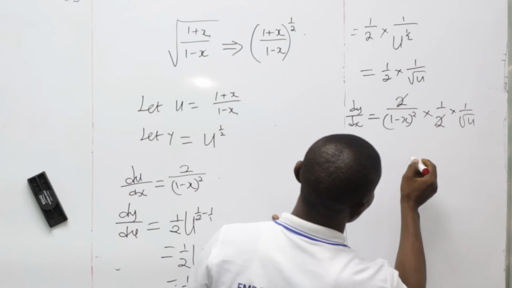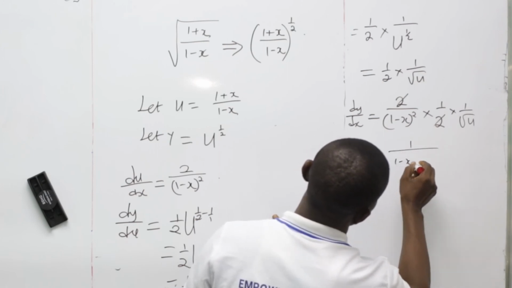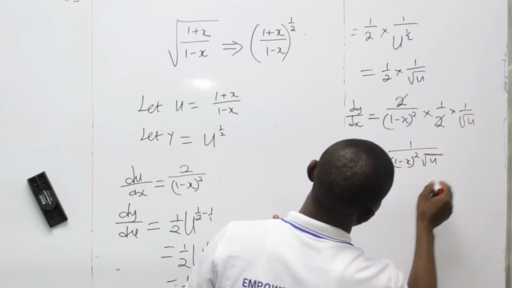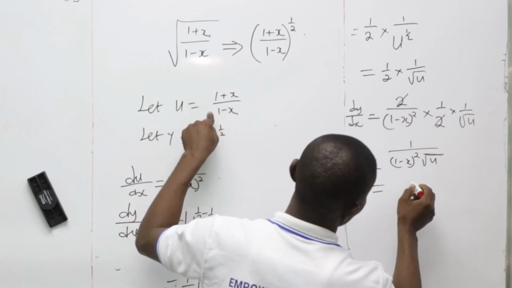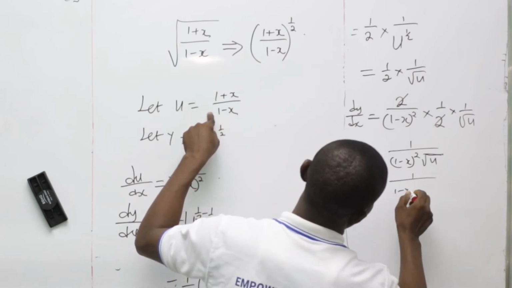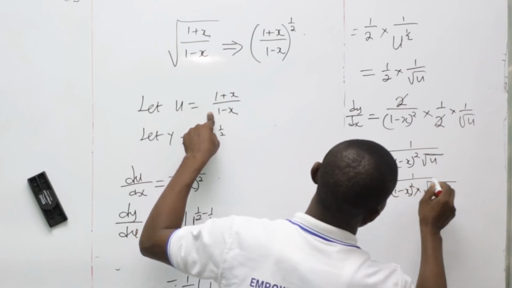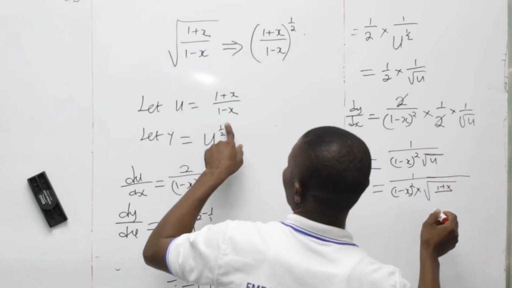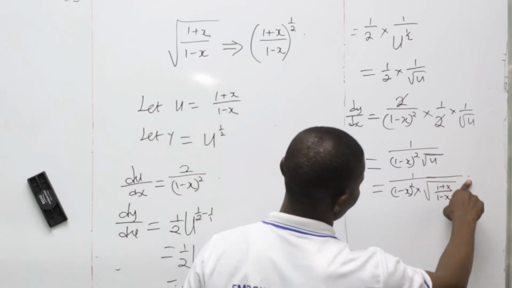To give us 1 all over 1 minus s all square into this to u. Recall that u is what? 1 all over 1 minus s all square times square root of 1 plus s all over 1 minus s.